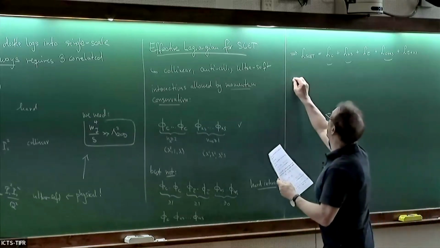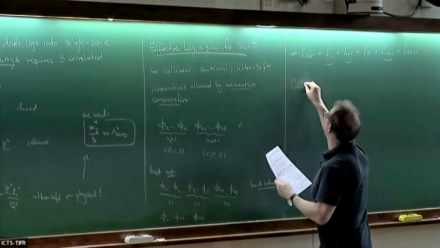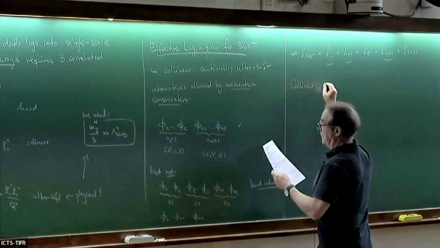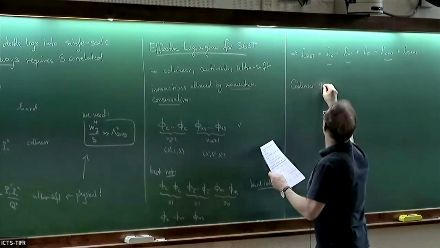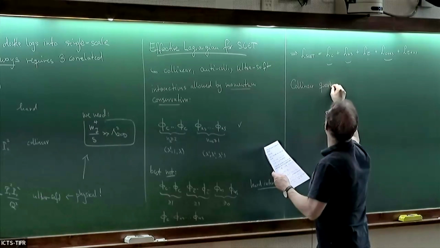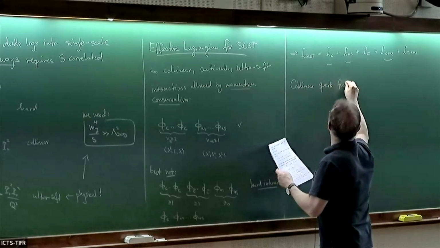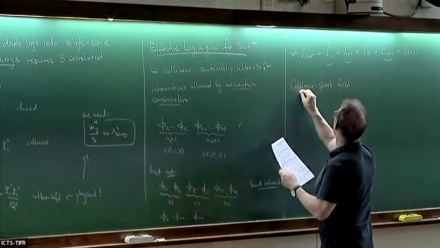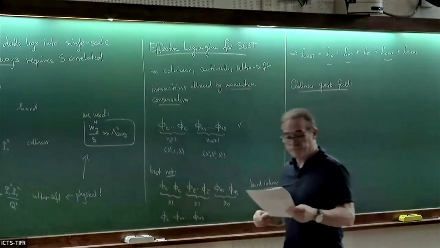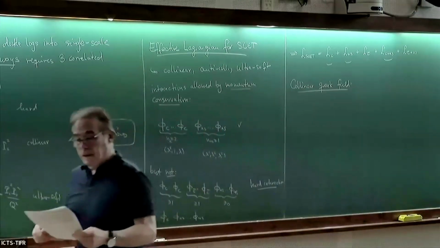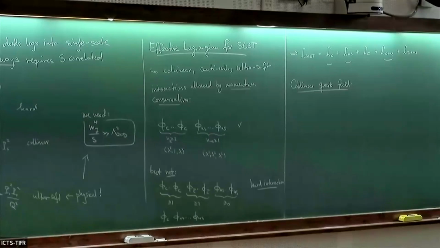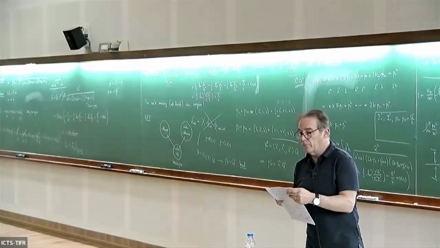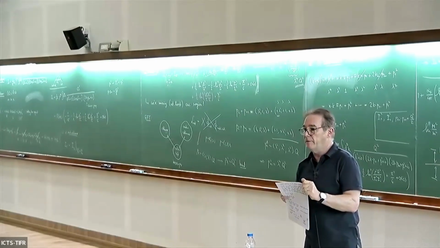So I'm going to start with collinear fields. And I'm going to start with collinear quarks. And this is now very analogous to heavy quark effective theory, as you will see.